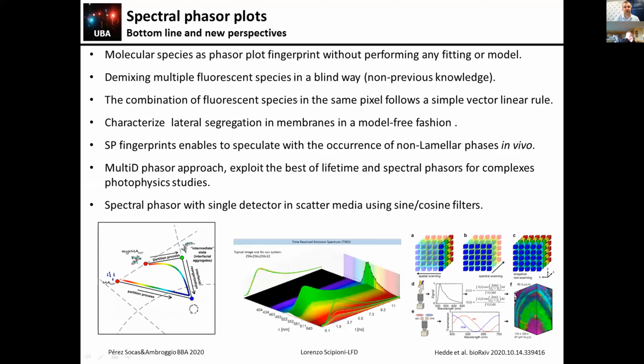The linear combinations are very simple to follow, and it's really intuitive work. We demonstrate how valuable it is for membrane studies. We can reach a very nice conclusion about our system thanks to the spectral phasor. And then we demonstrate the value of the multidimensional phasor, and more recently, with a single detector, we can also do spectral phasor using the sine cosine.